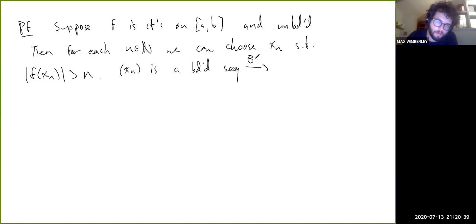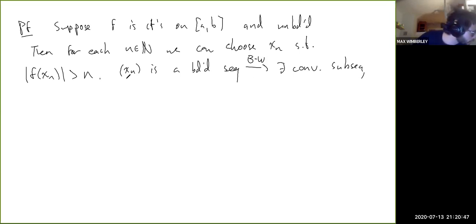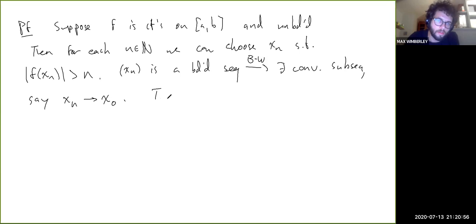So by the Bolzano-Weierstrass theorem, there exists a convergent subsequence. Say xn approaches x naught. Then since f is continuous, f of xn approaches f of x naught.